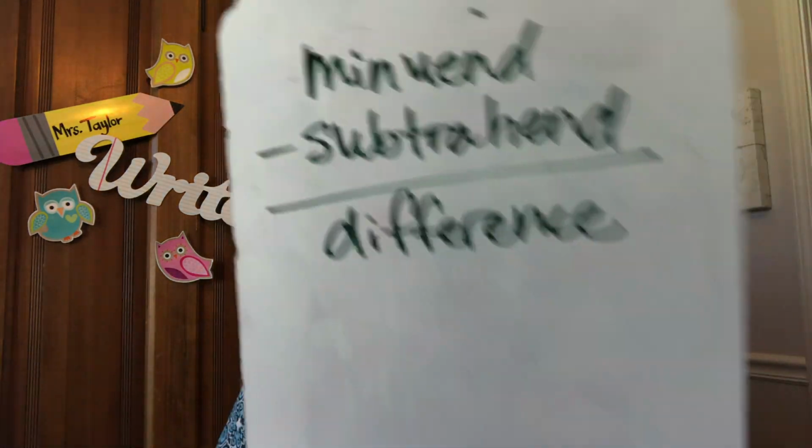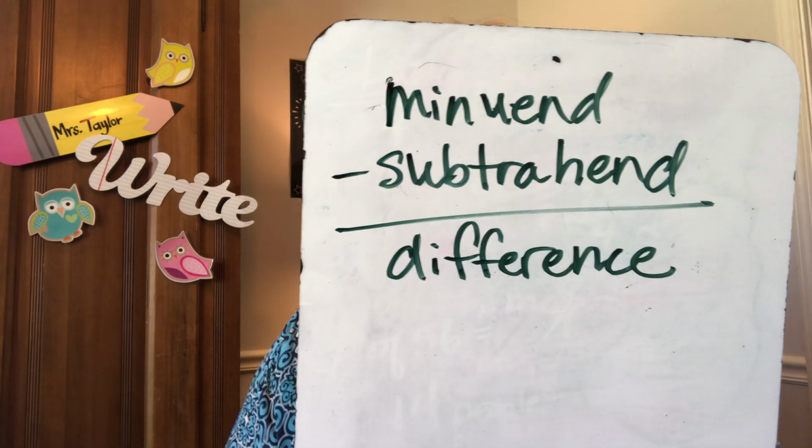So we have to know our parts of that subtraction problem, okay? So we have minuend minus subtrahend equals the difference. The way we remember this is when the subtrahend is missing, we're going to subtract.